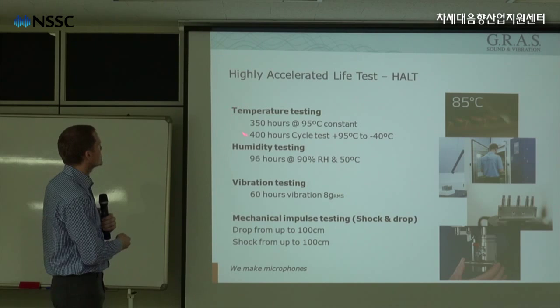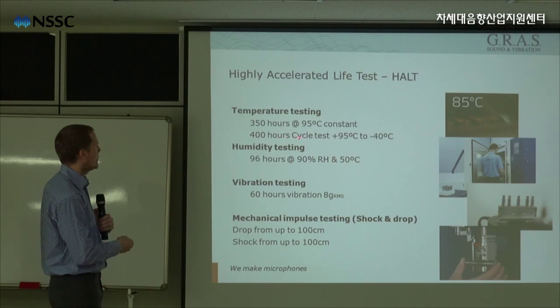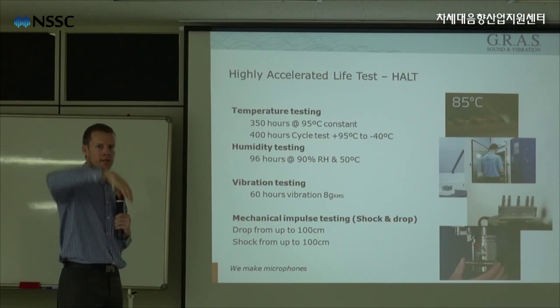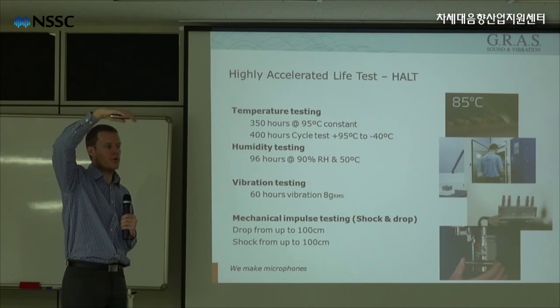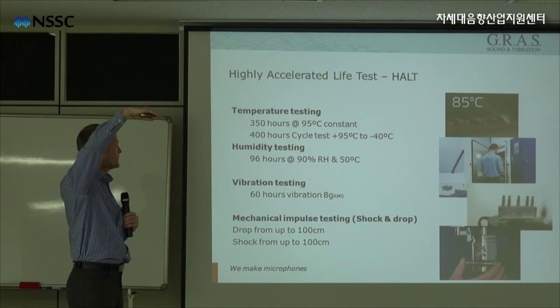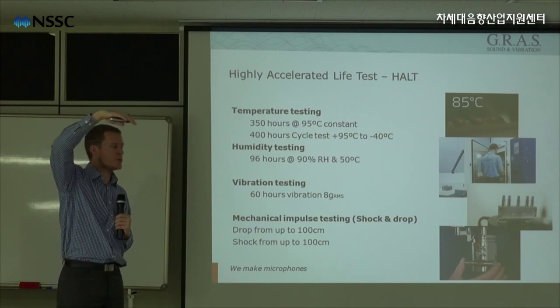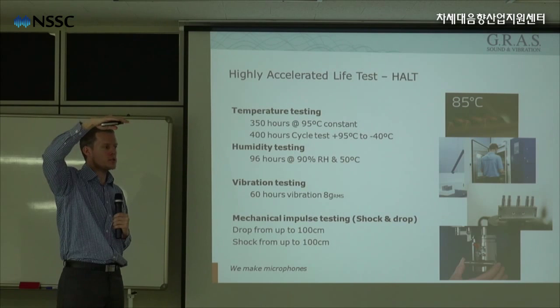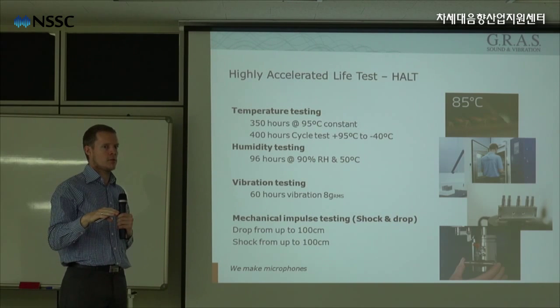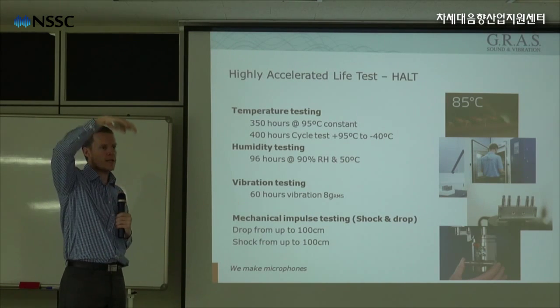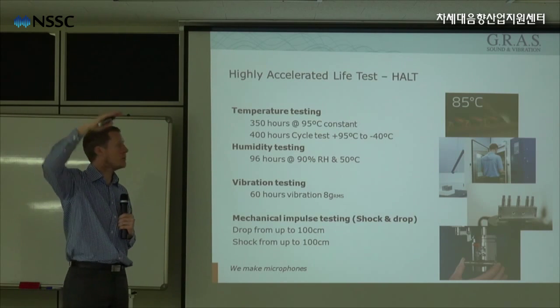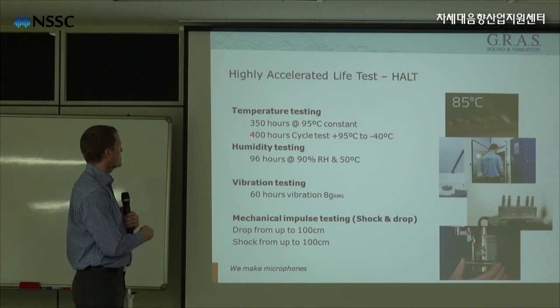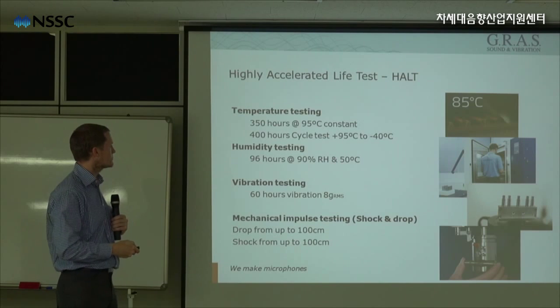The second test of the temperature area is a 400-hour cycle test, where we cycle the temperature that the microphone is exposed to between 95 degrees and minus 40 degrees. So this is continuously cycling in 400 hours.